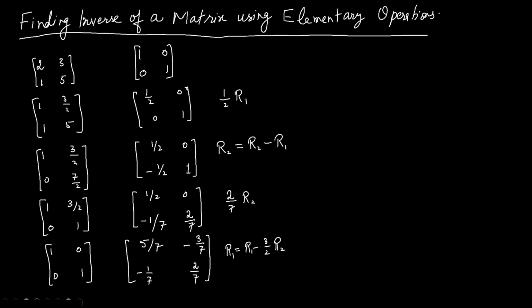Now we have converted the original matrix to an identity matrix. This matrix is the inverse of the original matrix A.